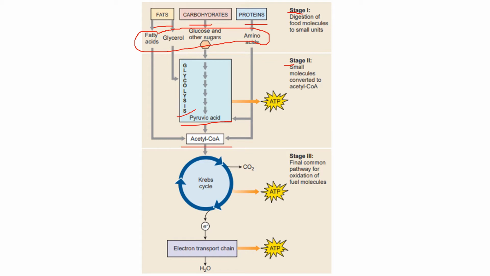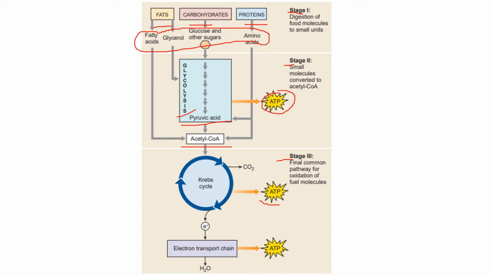Some ATP is generated in stage 2, but the yield is small compared with that obtained in stage 3 of the respiration. In stage 3, the final oxidation of fuel molecules occurs, with a large yield of ATP. This stage takes place entirely in mitochondria.